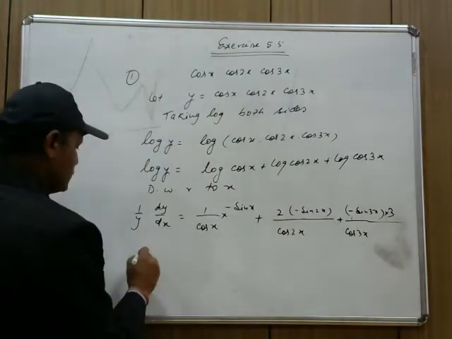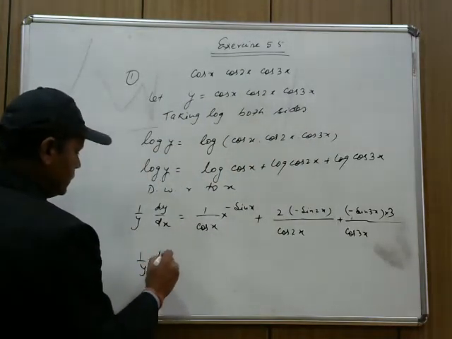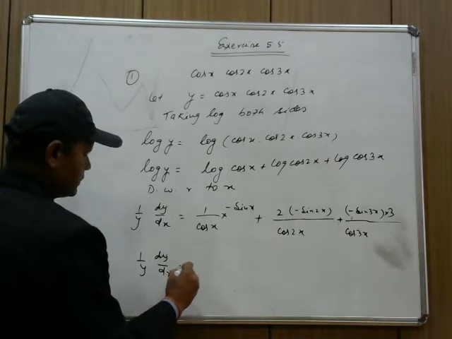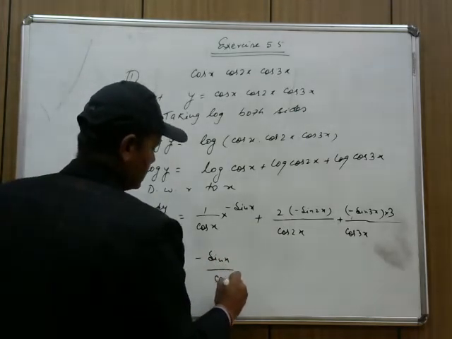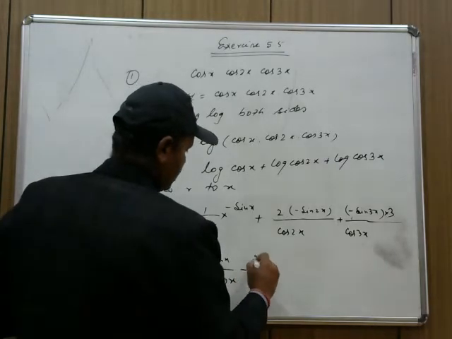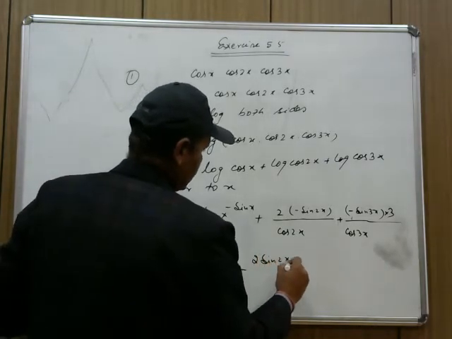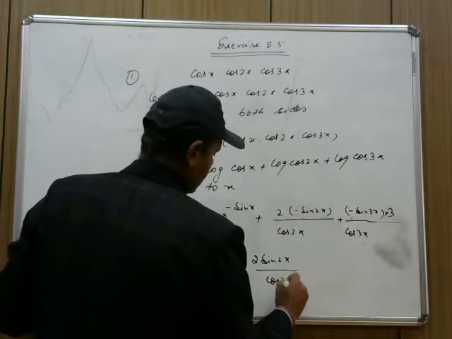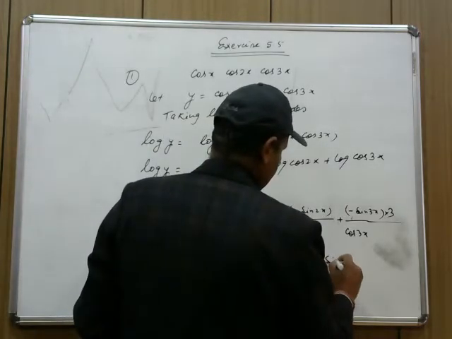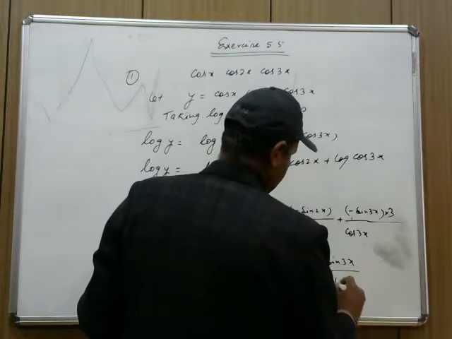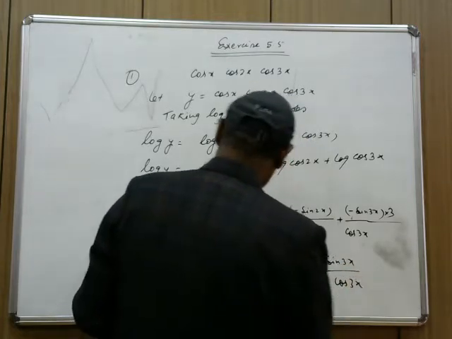Therefore, now it becomes 1 by y into dy by dx is equal to minus sin x upon cos x minus 2 sin 2x upon cos 2x minus 3 sin 3x upon cos 3x.